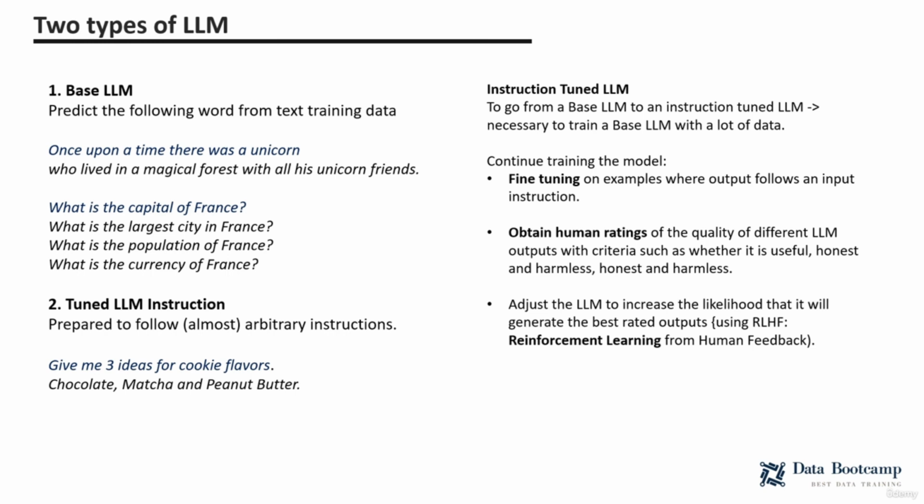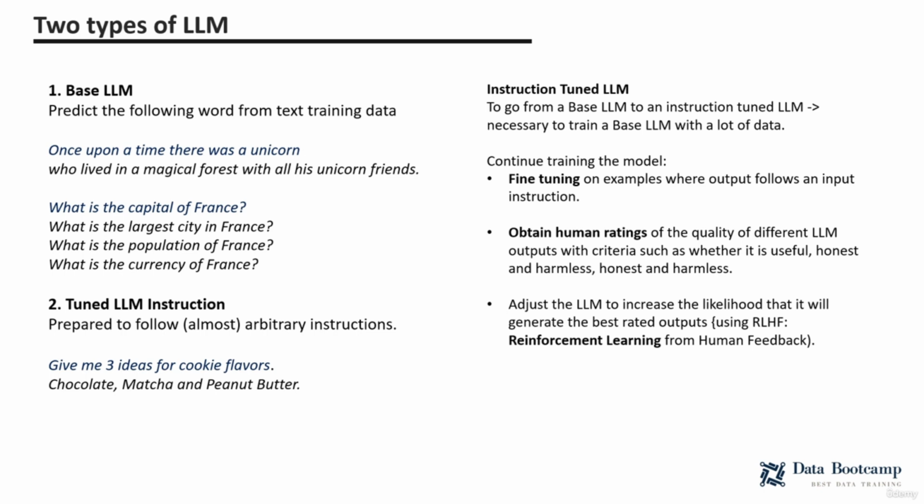This allows the model to learn how to respond in a specific way to a given instruction. Additionally, we gather human ratings on the quality of the model's results based on different criteria such as usefulness, safety, honesty, and correctness of the answers.